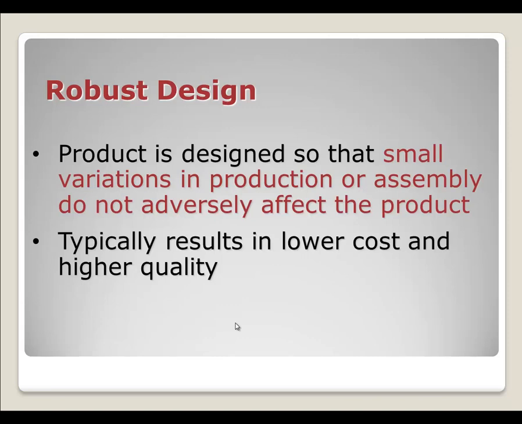So robust means we are minimizing the variation of the product during production and during assembly. The small variation that we have will lead to a lower cost and higher quality because of the consistency and following the standards and the certain procedures that we created for that product during the design.